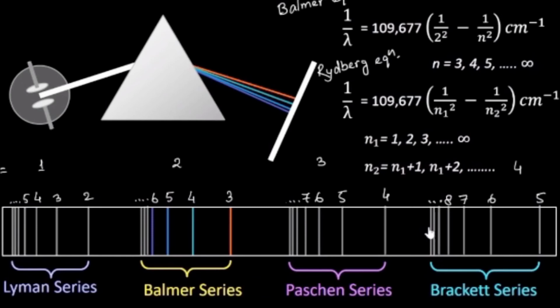Always remember, children, n2 should always be greater than n1. For any particular series, the value of n1 is constant while that of n2 changes.